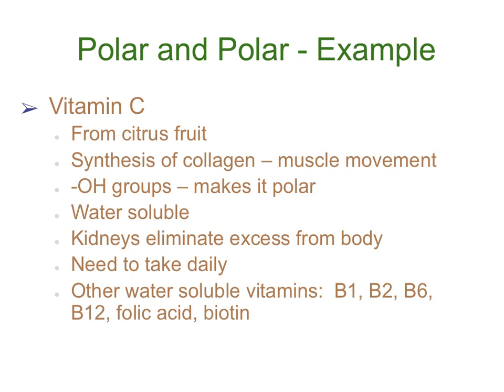So an example of how like dissolves like, even in our body, is vitamin C. Where do we get vitamin C from? Well, you probably have heard this before, that you've got to drink your orange juice. Most of the time we get it from citrus fruit, and vitamin C helps with things like muscle movement, and there's a lot of OH groups making vitamin C really polar. But the point is that our bodies will utilize the fact that vitamin C is polar, and water grabs onto it.